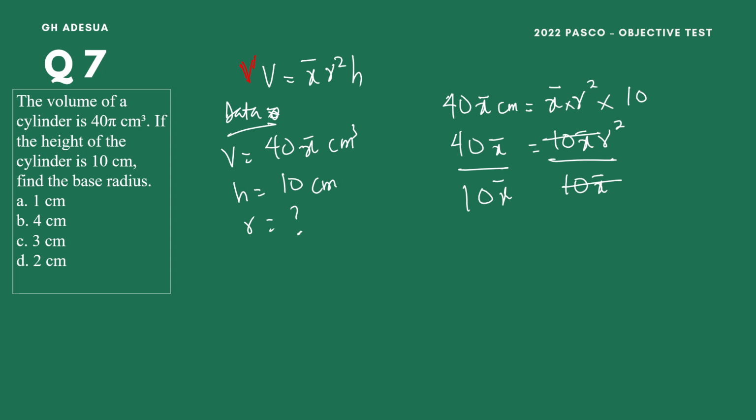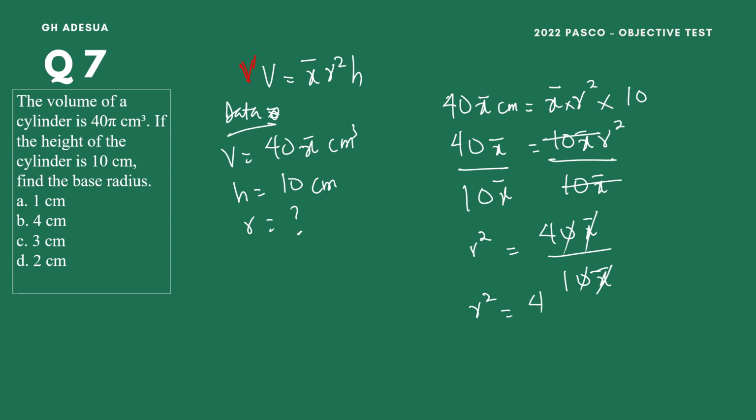We'll end up having r squared equals 40 pi over 10 pi. The pi cancels itself, 0 goes into 0, it cancels 0. Then we have r squared given as 4 over 1, which ends up being 4.